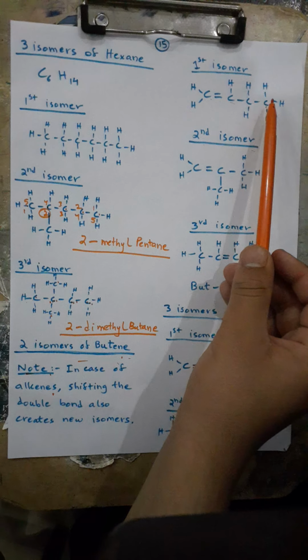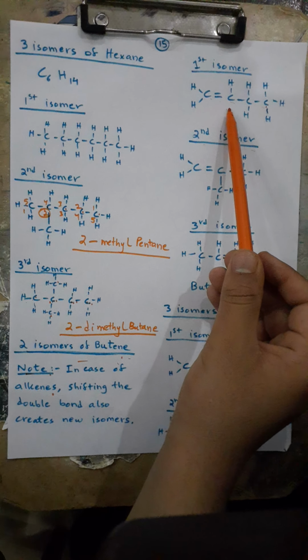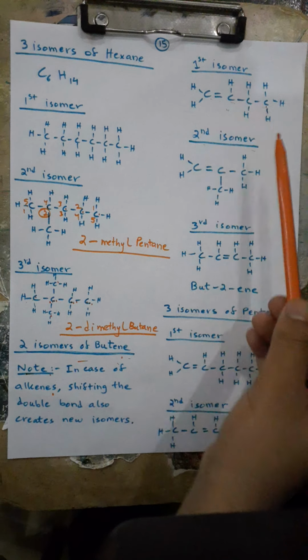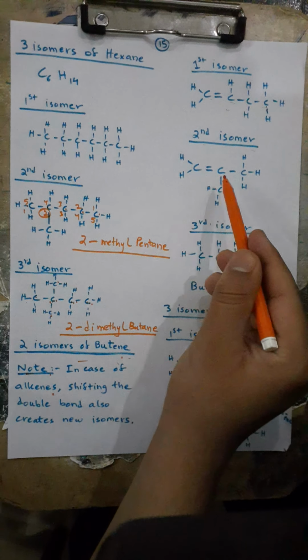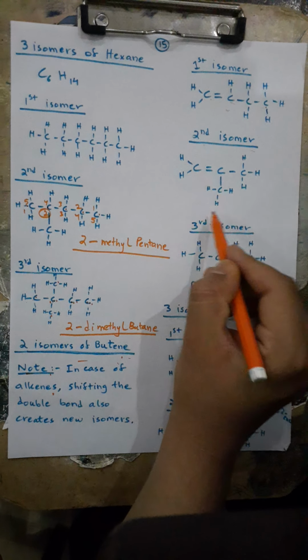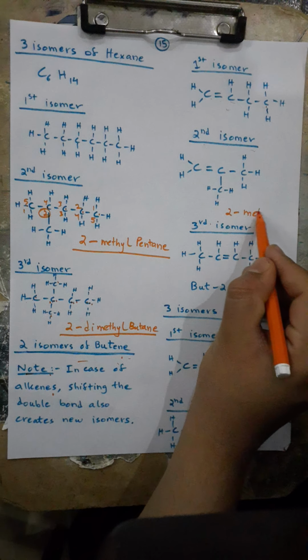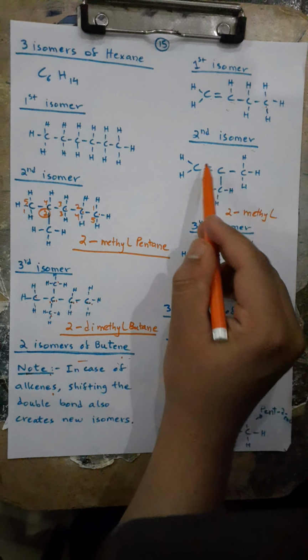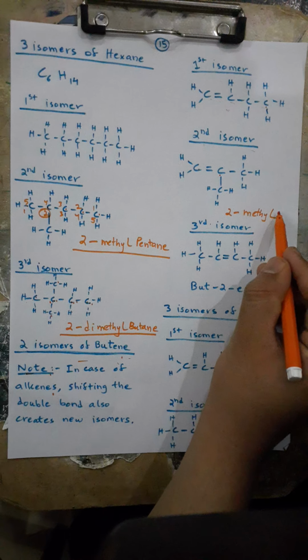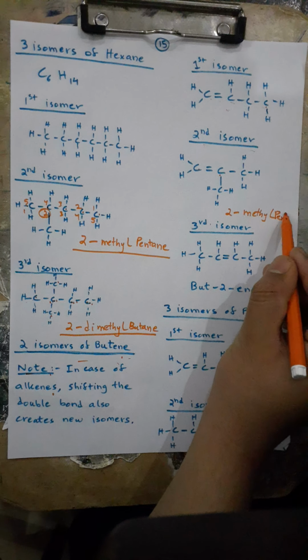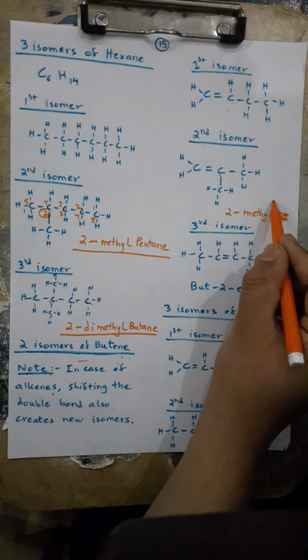Like we take this carbon and attach it over here on this carbon, so it makes 1 2 3, 2 methyl 1 2 3 pentene this time. Oh sorry, propene.